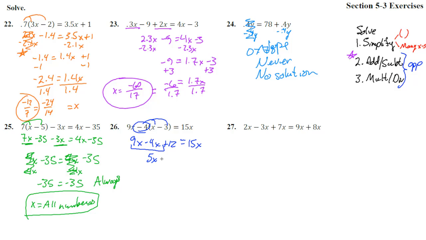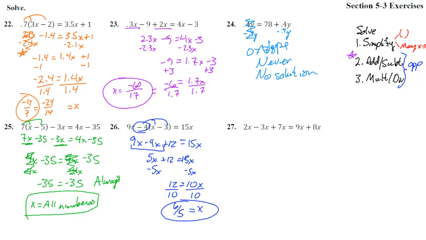We just combine like we have been doing previously. Okay, so now subtract 5x, and we get 12 equals 10x. No addition or subtraction, now we just divide by 10. Divide by 10, we get x equals 12 tenths, which is the same as 6 fifths when we simplify that fraction.